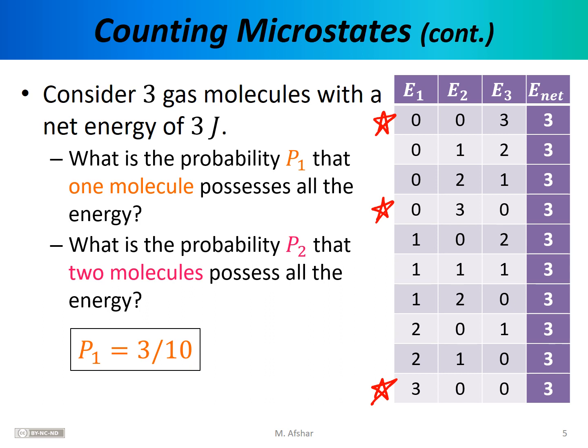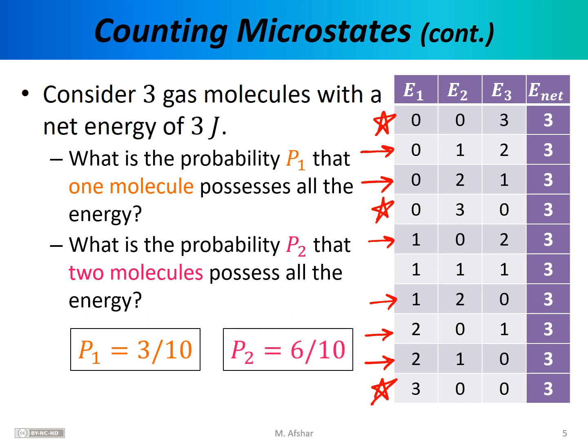Since we have a complete enumeration of all of the microscopic possibilities, we can go through the table once again and note that in this one, this one, this one, and this one, at least one of the particles has zero energy. So now we can say that in 6 out of the 10 microstates, one of the particles has zero energy, or that two molecules possess all of the energy.